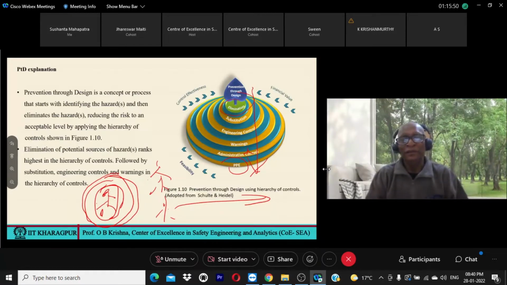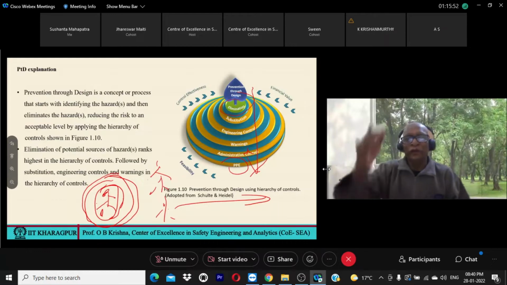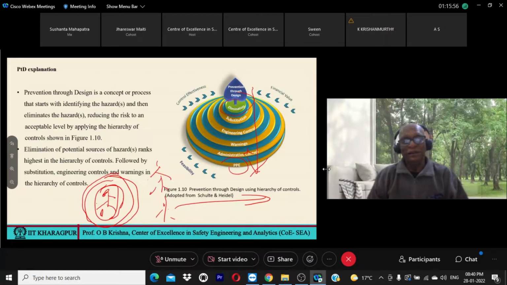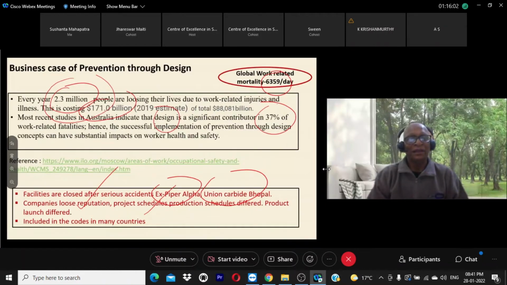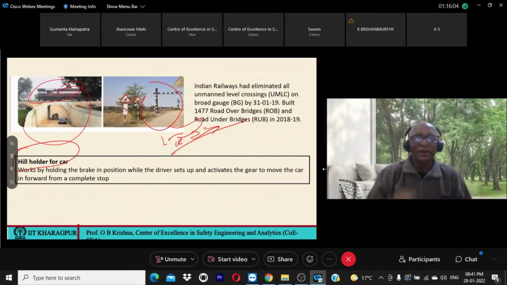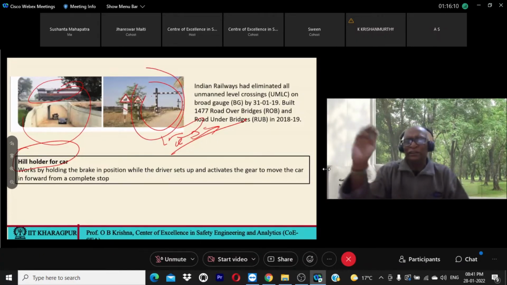Engineering control is, if you see Indian Railways, after working for more than 100 years, we used to have many people dying at the unmanned crossings. Lakhs of people died all these years.